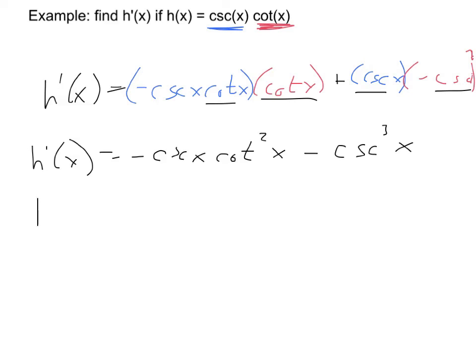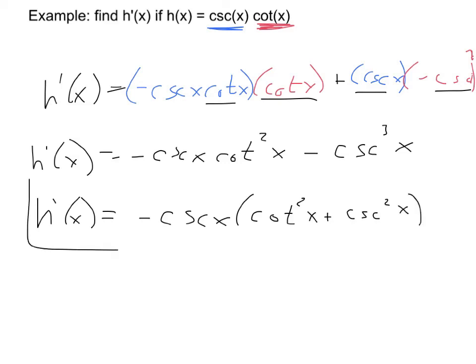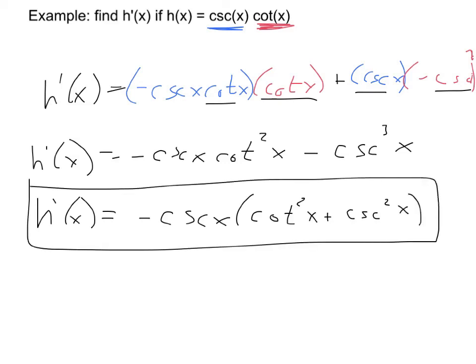And then the last step I can take to make this a little bit prettier is to factor. And actually, they're both negative. I'm going to factor out a negative cosecant x, and what I have left inside is cotangent squared x plus cosecant squared x, and that's my derivative.